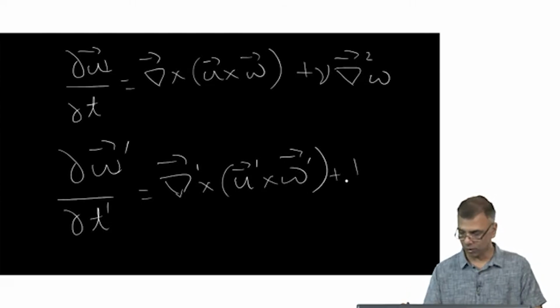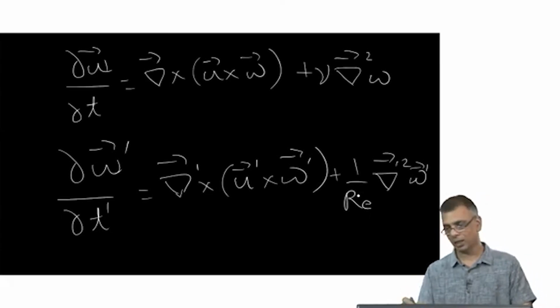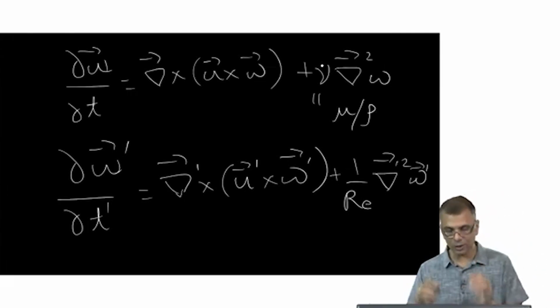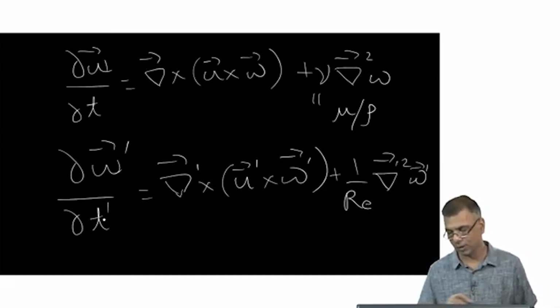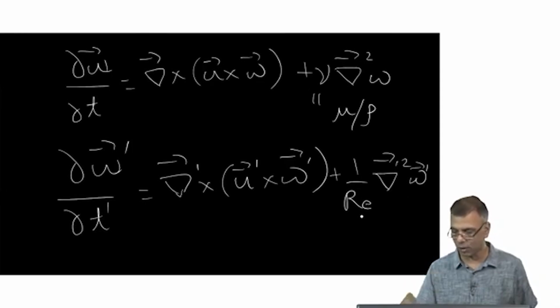Plus the familiar 1 over Re appearing again like that. Compare this with this, and this is nothing but that's what the nu is, right? So you've got the primes appearing everywhere, including the time, and you've got the coefficient of viscosity being replaced by 1 over Re.